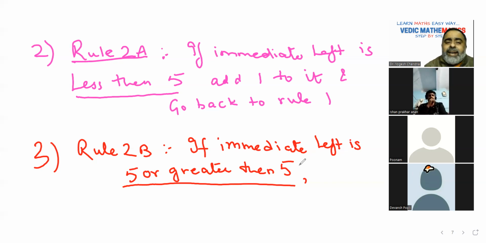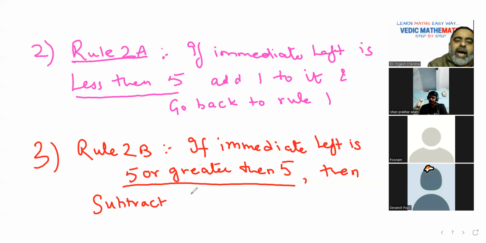So if immediate left is 5 or greater than 5, then subtract 9 from it. Correct? Now, if you are subtracting 9, what you'll get? Again, bar. I'm not mentioning it here, you'll get bar.